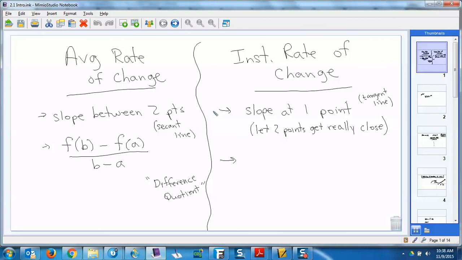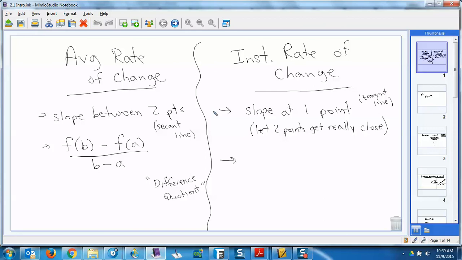Average rate of change: we simply subtract the y's, subtract the x's, which is what you did on that quiz question. You happened to pick 2 really close points, so what you did was average rate of change, but it was a really good approximation of instantaneous rate of change, because those 2 points are so close together.